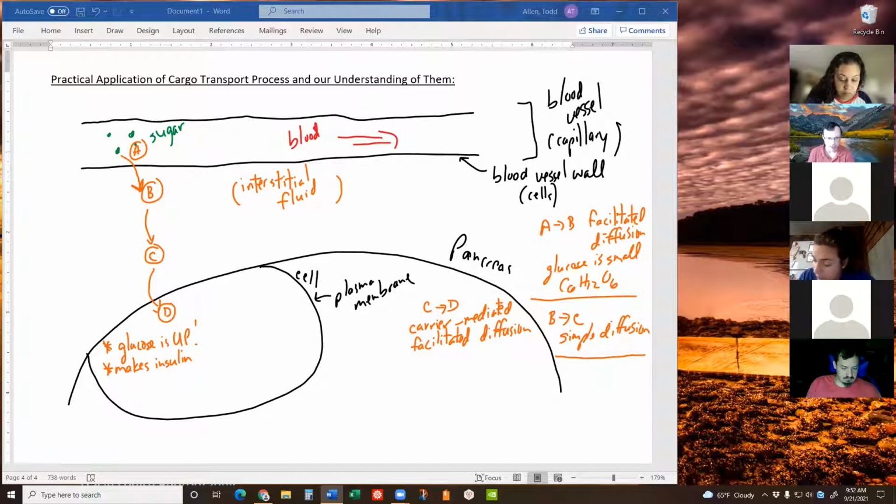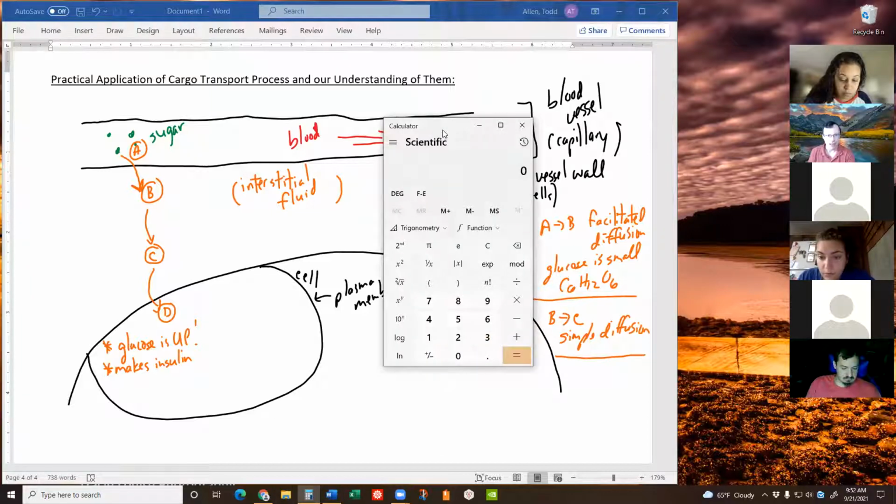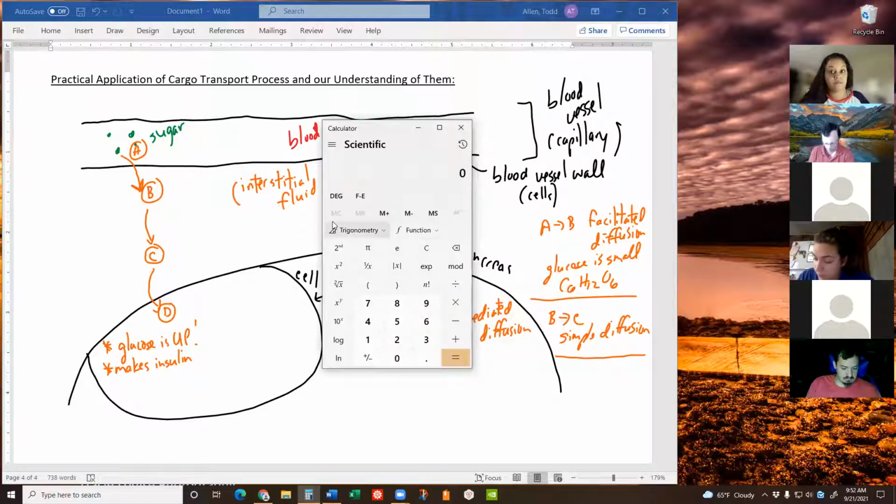So I don't even have a tally on that. Let me get my handy calculator out here. Let's add that up. 257 plus 383 plus 65 plus 77 plus 6. There are 788 atoms in the insulin protein versus how many atoms did we say for glucose? 24.